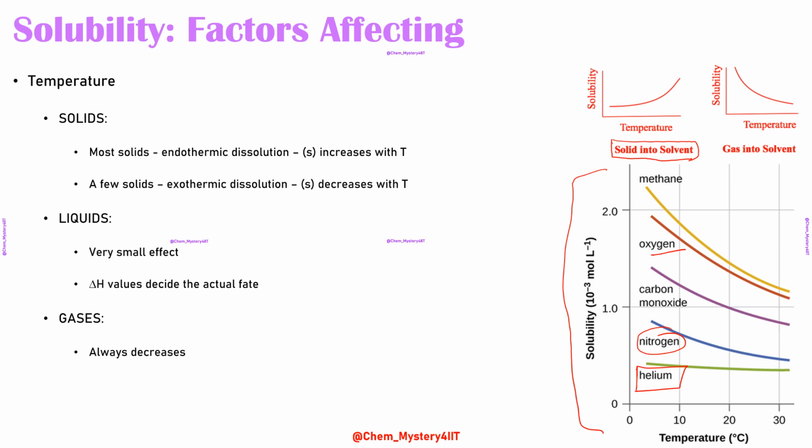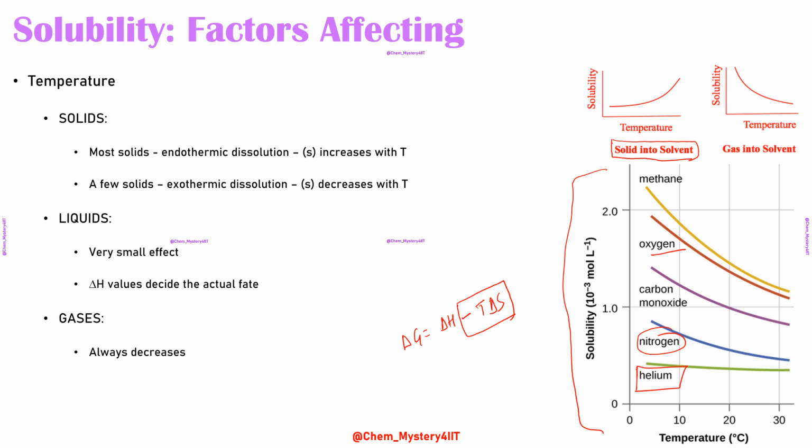And we'll say delta G as delta H minus T delta S is the governing factor for these reactions. So delta H may have whatever value, but T times delta S for gases is going to be a very, very dominating effect, because dissolution of gases is going to be an entropy decreasing effect.